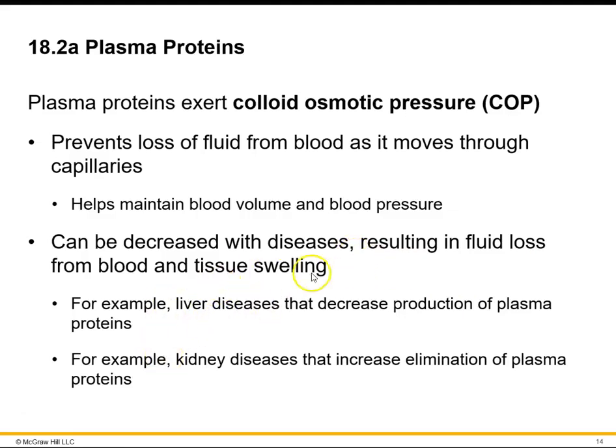And that can result in tissue swelling. Kidney diseases. There are several kidney diseases that increase the elimination of plasma proteins. So again, you're going to have fewer plasma proteins circulating in the blood, less colloid osmotic pressure exerted, and more fluid is able to escape the bloodstream into those interstitial spaces.